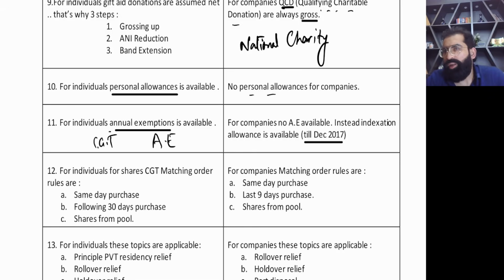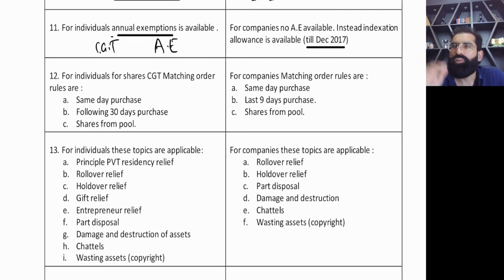Next, for individuals. If you are an individual and you are selling shares, in order to calculate the gain on those shares you need to match the cost. And for cost you need to always follow these matching order rules.